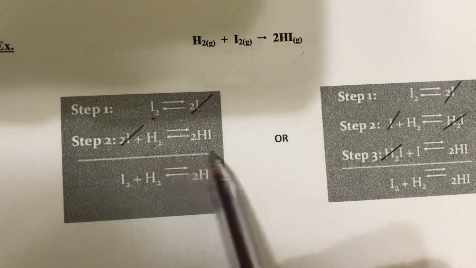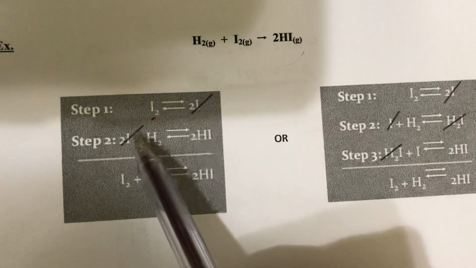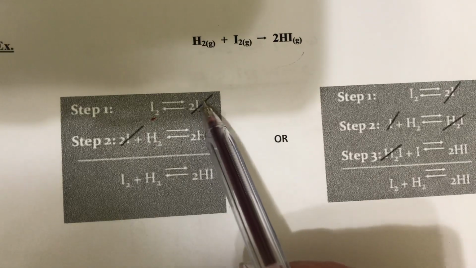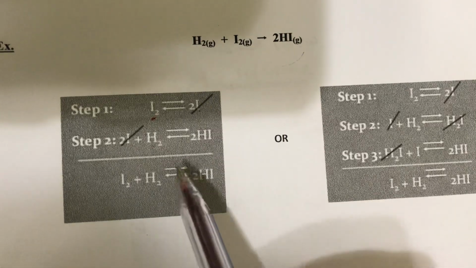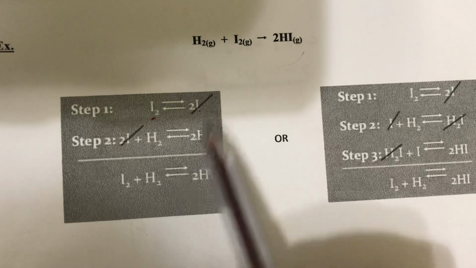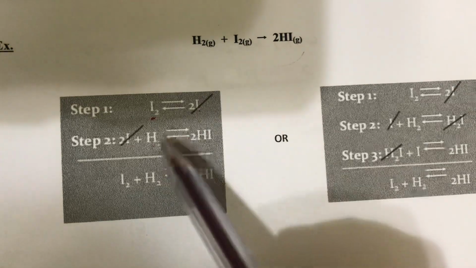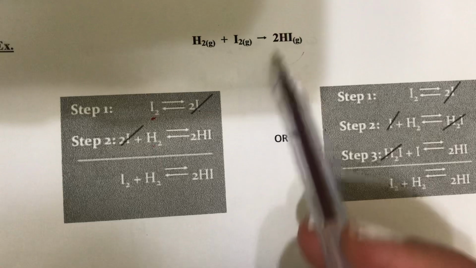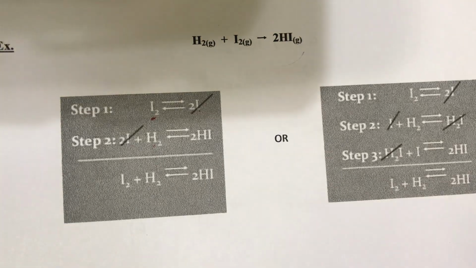So when you add these equations to each other, you can delete the species that appear here in the products and here in the reactants. So the net equation is iodine plus hydrogen produce 2 moles of hydrogen iodide.